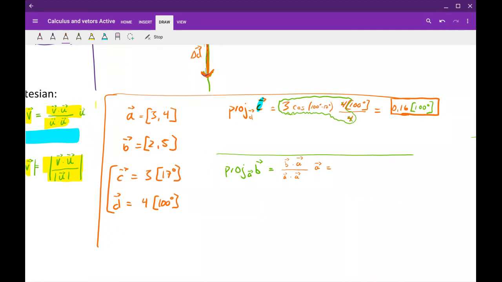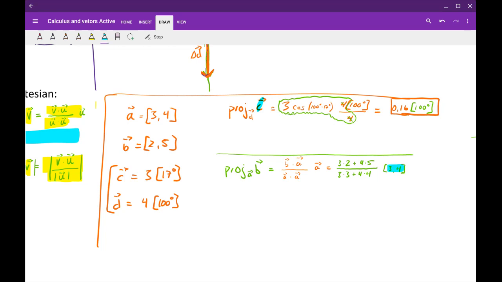Well, what is this all going to be? Well, A dot B is a really simple thing, or B dot A, I guess. It's going to be 3 times 2 plus 4 times 5. A dot A is just 3 times 3 plus 4 times 4. And then A itself is simply 3, 4. Okay?